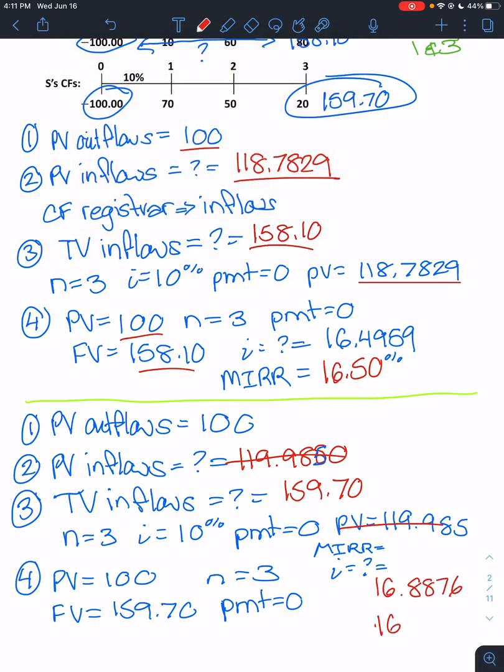We'll say 16.89. So still higher than Project L, which is expected, right? I mean, it had a higher NPV, so it should have a higher MIRR. But notice they're kind of similar, as they should be, because their IRRs were kind of similar. And so we still get the same decision that we had before. The S is definitely better than L, and definitely lower than their IRRs.